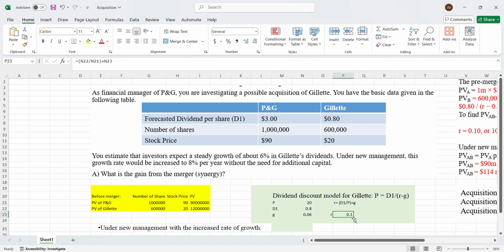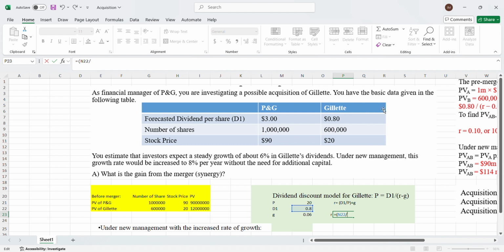So for R we need D1. Let's calculate together. Our D1 is 0.8 for Gillette, and we divide it by the price.